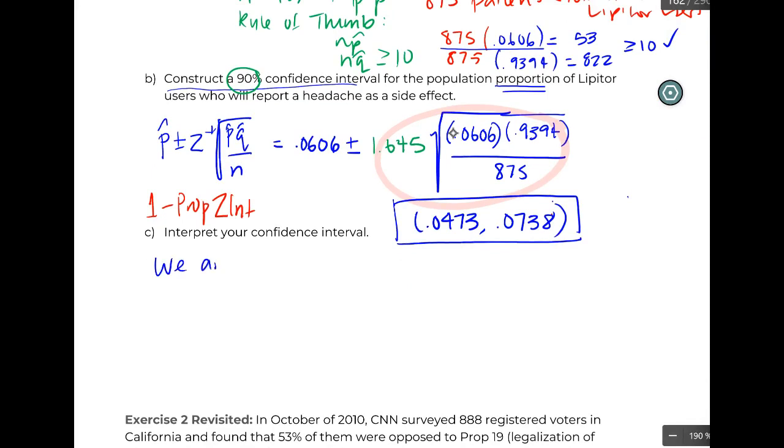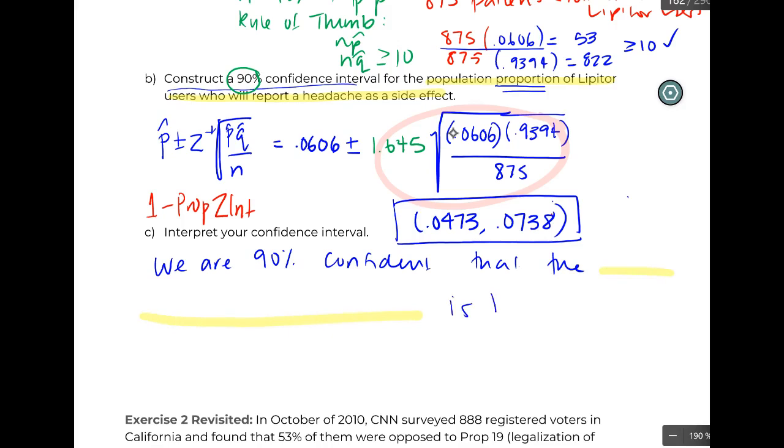We are, or we can be, 90% confident that the, look at your wording from the previous questions, population proportion of Lipitor users who report a headache as a side effect. You'd write that again.